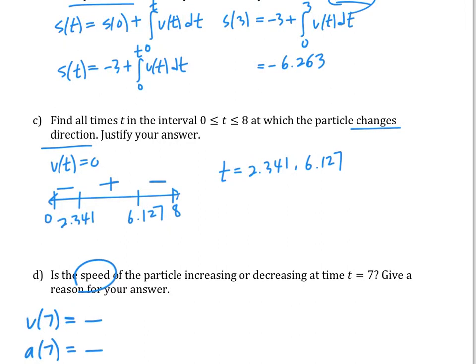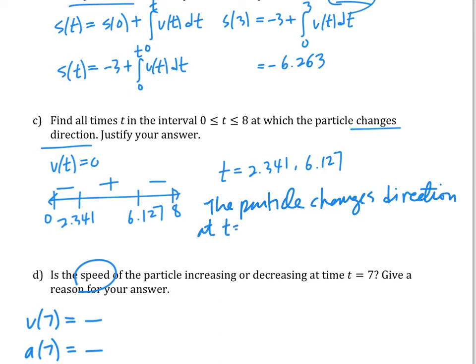Okay, I realized I didn't justify for C. Justify your answer. How did you know that this particle changes direction at these two numbers? So you would say, the particle changes direction at t equals 2.341 and 6.127 because v of t changes signs.